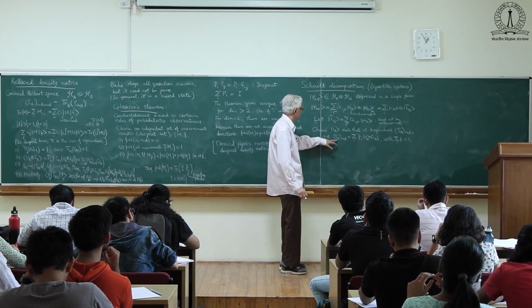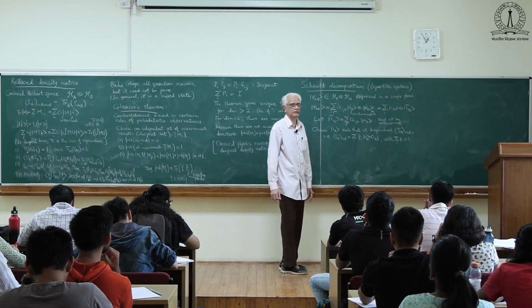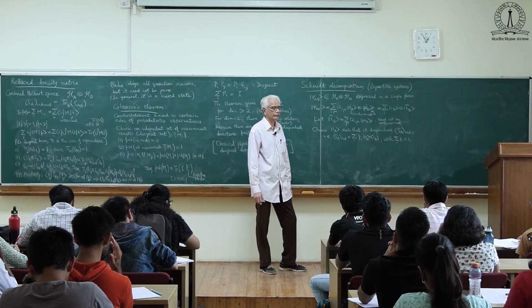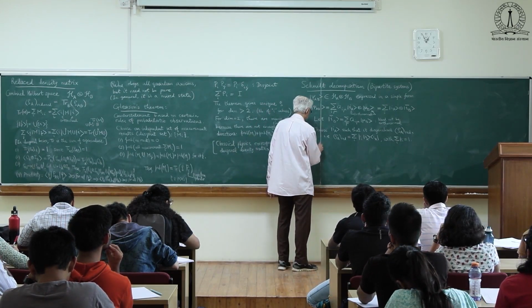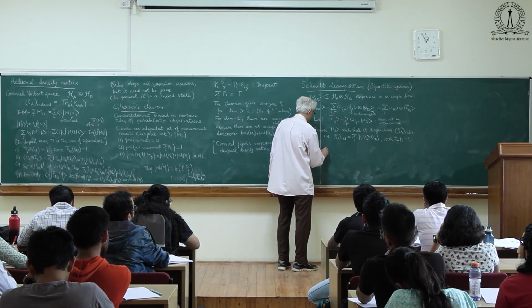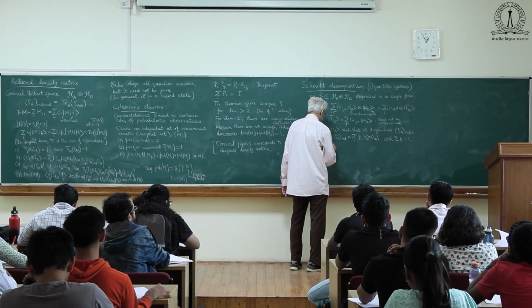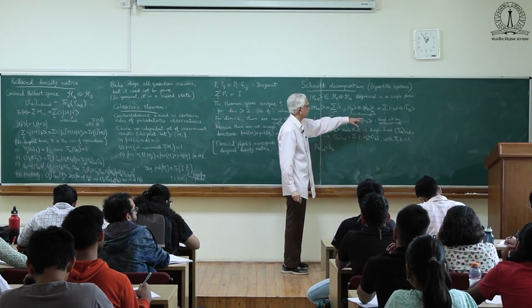But now I can obtain this starting from this expression. Okay, here is just a definition. So what is rho A reduced? It is equal to trace over B of this stuff.